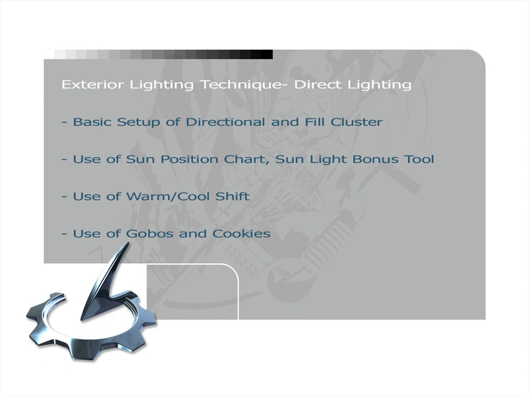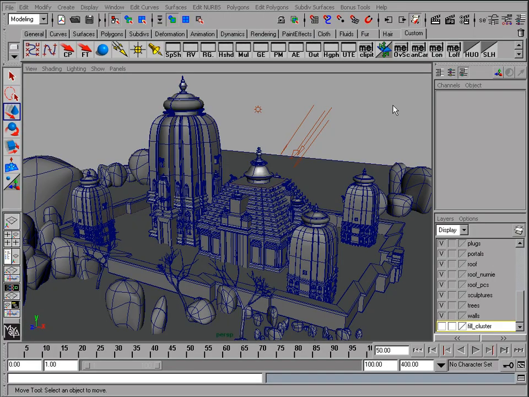We also want to invoke warm and cool shifts in our fill and key, and this psychologically enhances depth to the viewer and creates a richer image. And then we also look at ways that we can do simple gobos and cookies with CG lighting with direct lights. So the first topic we'll look at in exterior lighting is setting up sun and fill.